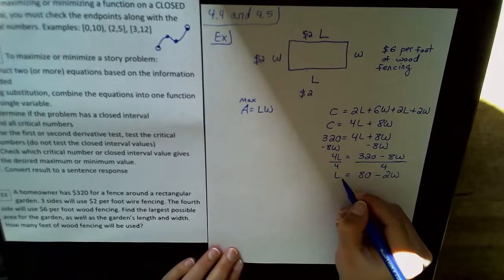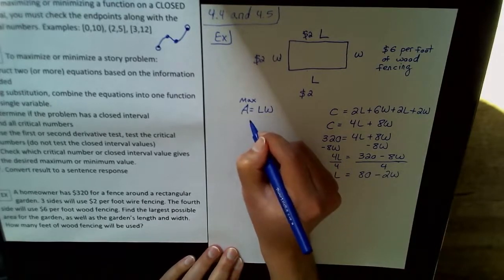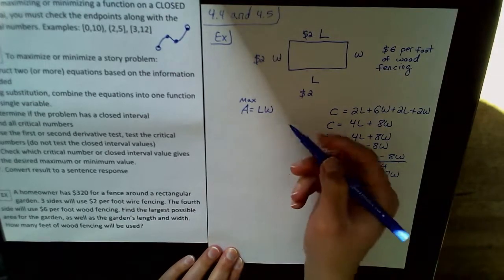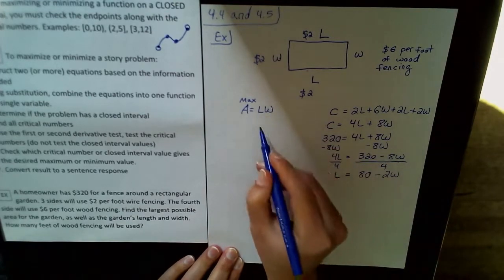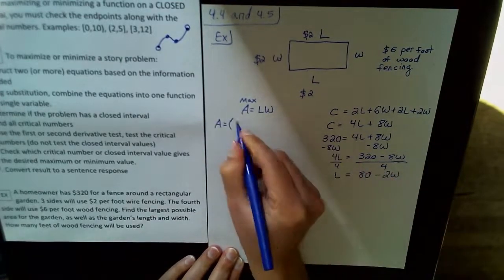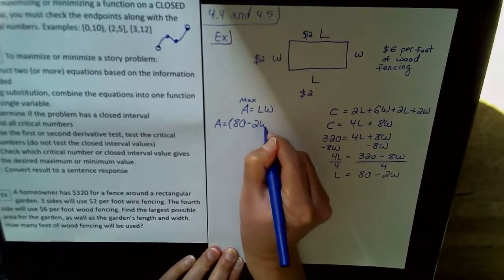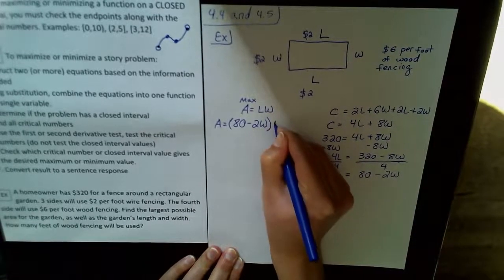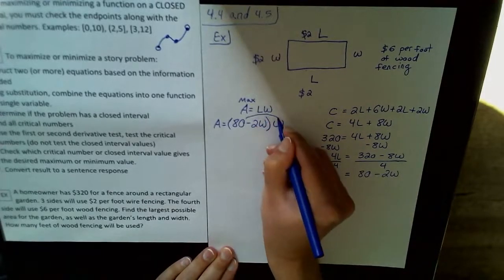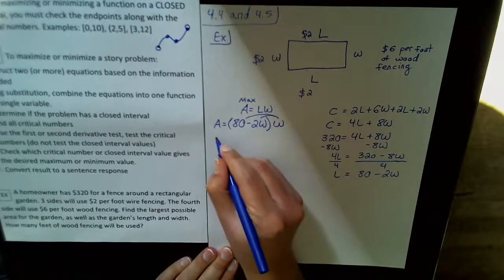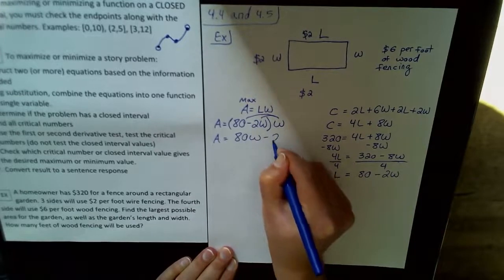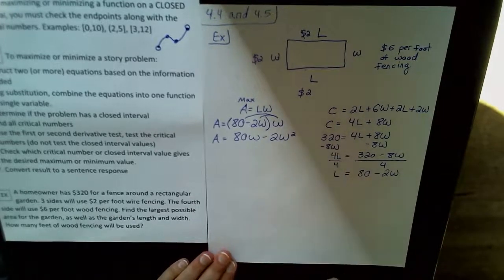Alright, so now that we have L, we can plug it into our area equation to create our area function in terms of one variable, W. So we're going to plug L in to get A equals L, which is 80 minus 2W, times W, and distributing our W to each term, because we're subtracting, we get A equals 80W minus 2W squared.